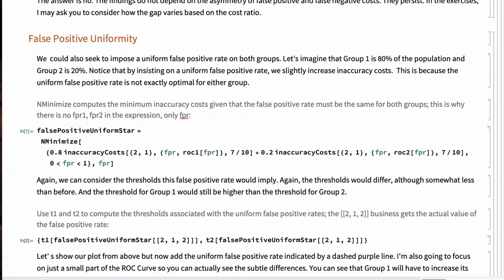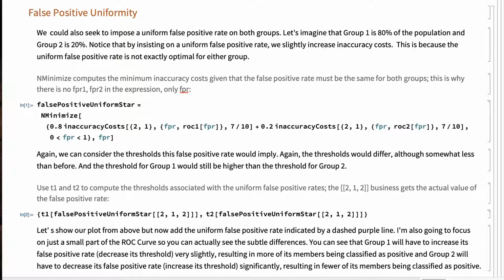All right, well, one notion of justice might be that the false positive rate should be uniform among both groups. If a certain percentage of unqualified people who actually will fail are being classified as positive in one group, then the same fraction should be classified as positive in the other group.